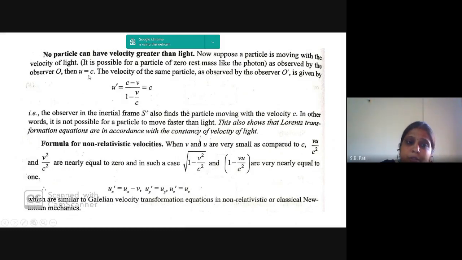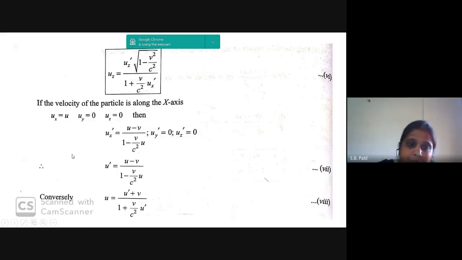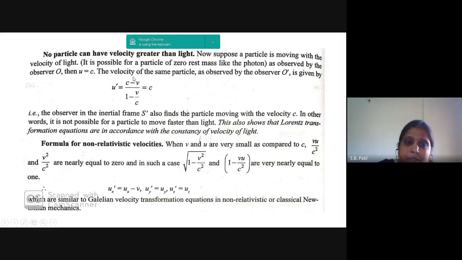Then u = c. Then the velocity of the same particle as observed by the observer O prime in the S prime frame is given by this formula. We have to substitute the value of u. So u prime = (c − v)/(1 − vc/c²).